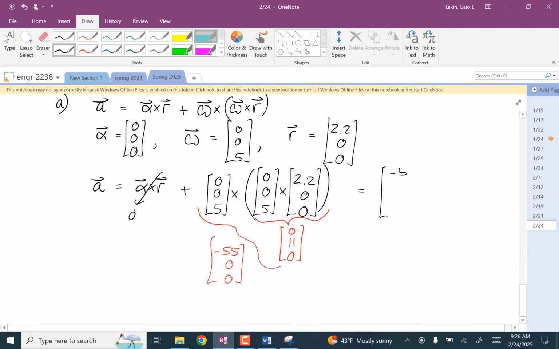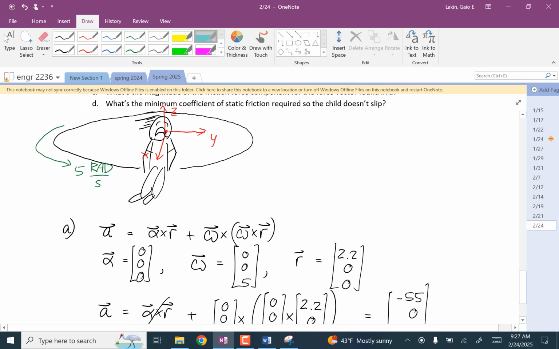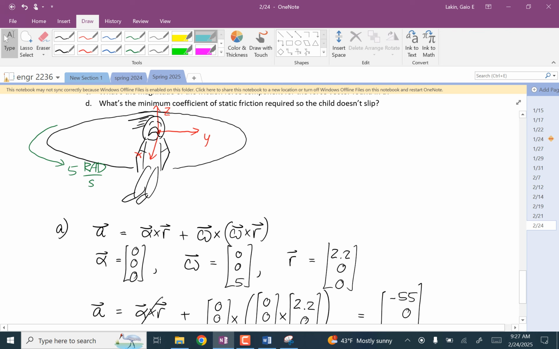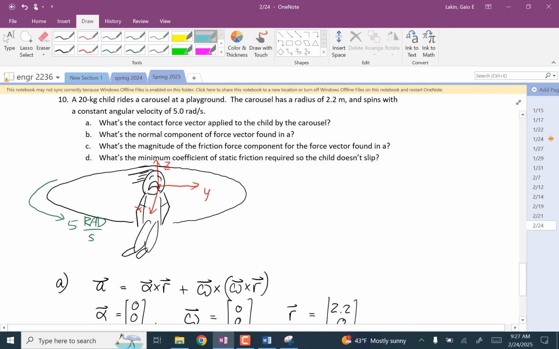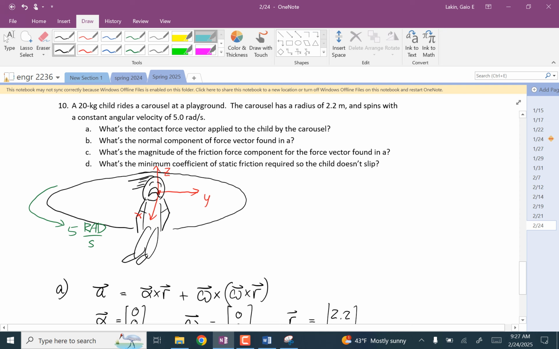So this is negative 55, 0, 0. And I caught that by just thinking about going back and saying, okay, there's no tangential acceleration because there's no angular acceleration. And so the acceleration all needs to be centripetal, and centripetal acceleration in this case is in the negative x.